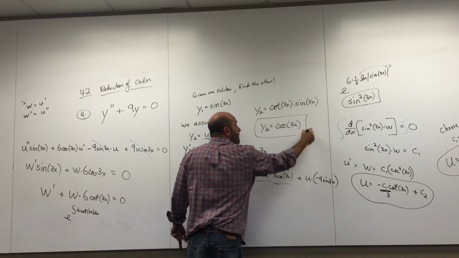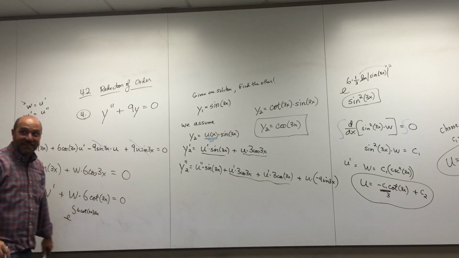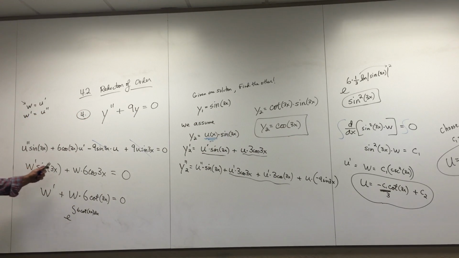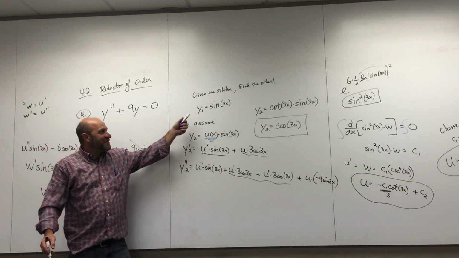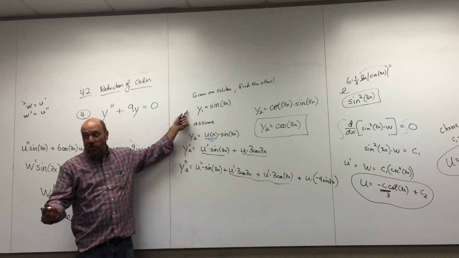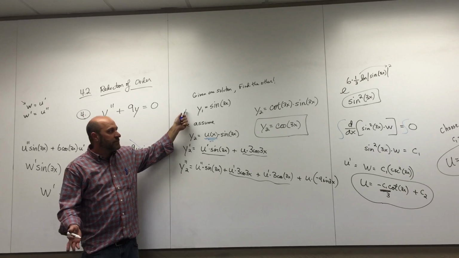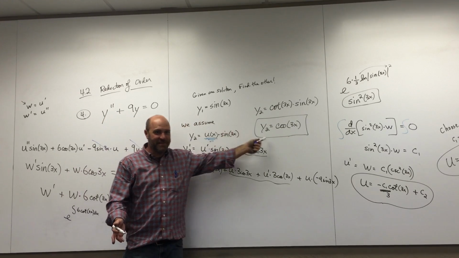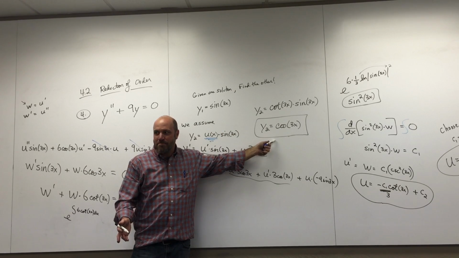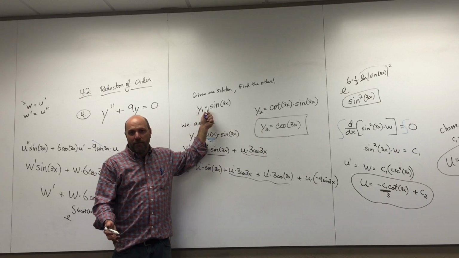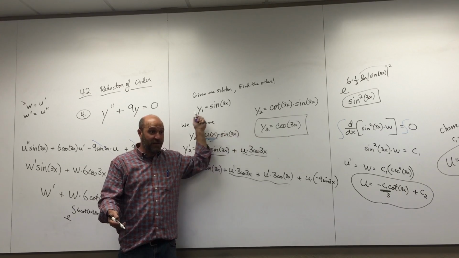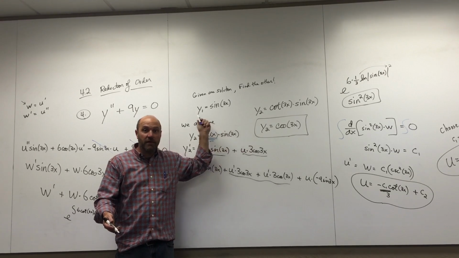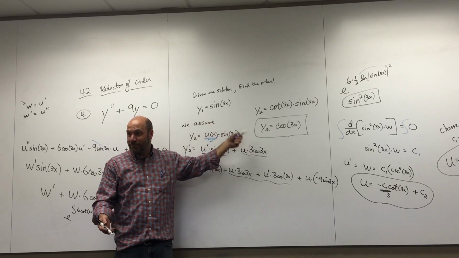Somebody should have thought of that about an hour ago, or at least 15 minutes ago. I'm sort of kidding. But if that's one solution, his partner solution is this. You don't really know that yet, but when I get to 4-3, you see sines and cosines come together as a pair.